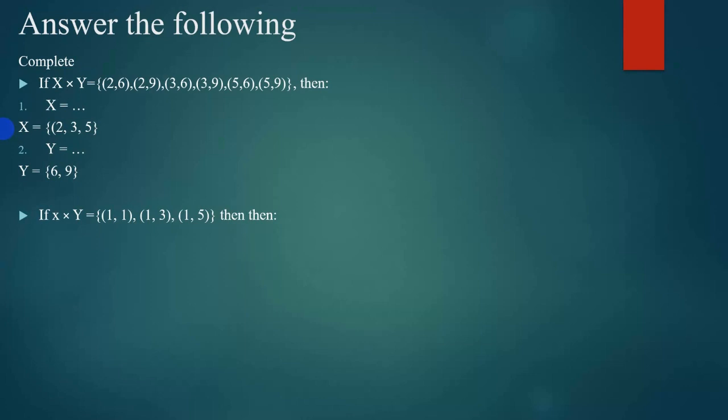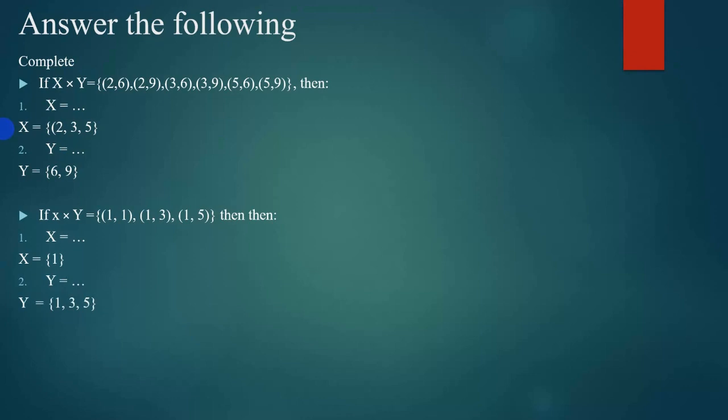He gives us x cross y, which is the set of (1, 1), (1, 3) and (1, 5). Then he wants us to find the set x. X is the set of the first projections, which is 1. So x is the set of 1. Number 2, y. Y is the set of the second projections, which are 1, 3 and 5.